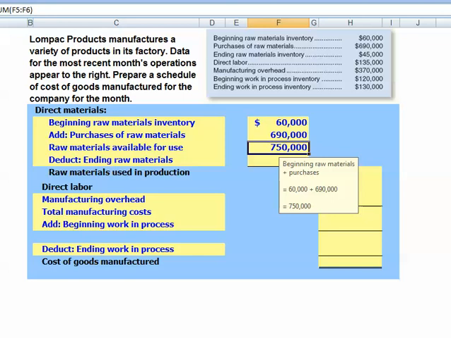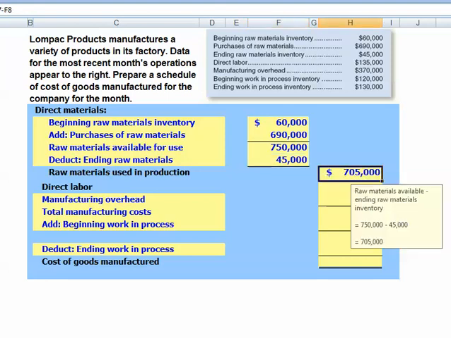We're told our ending raw materials inventory is $45,000. This means that we used $705,000 of raw materials in production. That's our $750,000 in raw materials available for use, minus the $45,000 in ending raw materials inventory.